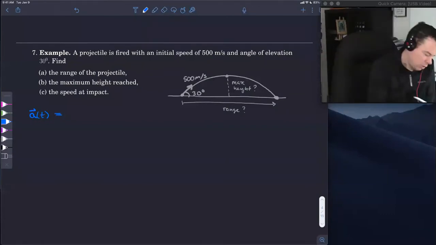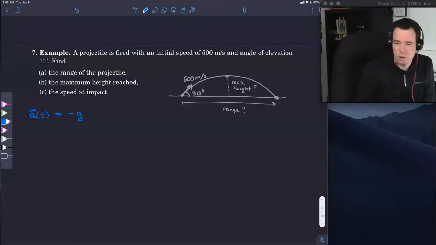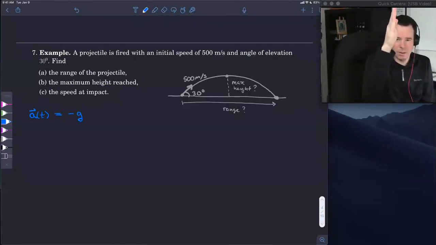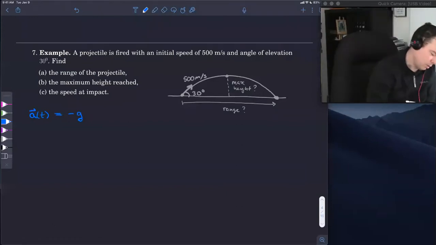And the acceleration is in the downward direction, so negative g. And since this projectile is traveling along a plane, we'll just think of this as a two-dimensional motion. There's no moving side to side. It's just whatever the plane is determined by the trajectory of the projectile and the vertical direction. So the x direction and the vertical direction is what we're interested in here.